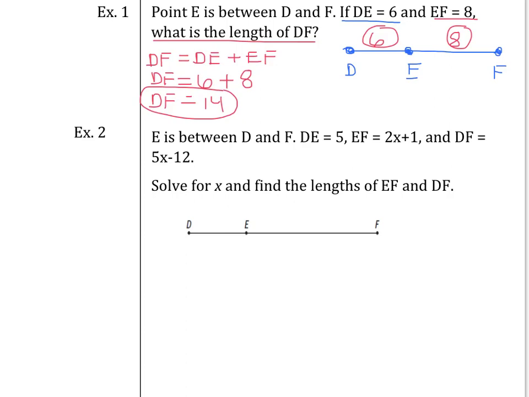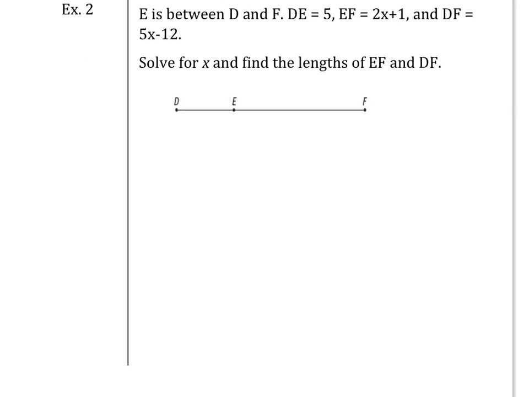So now let's scroll down so we can do this other example. Example 2, and let's read it first. It says again, E is between D and F. DE is 5, so this is 5, and EF is 2x plus 1, and DF equals 5x minus 12. They want to solve for x, and then once we find the value of x, we need to find the lengths of EF and DF.